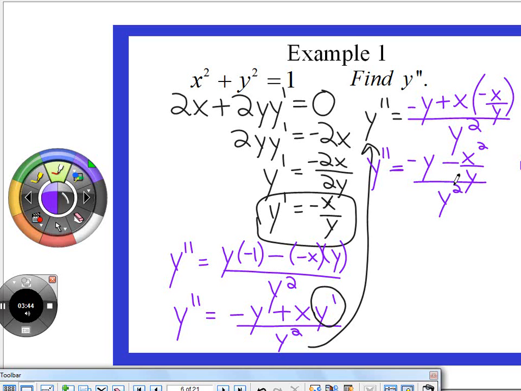What I'm going to do is multiply top and bottom by something that will get rid of all these fractions.